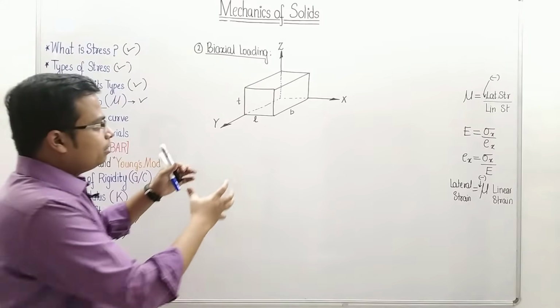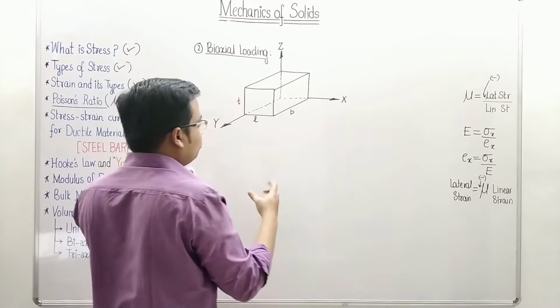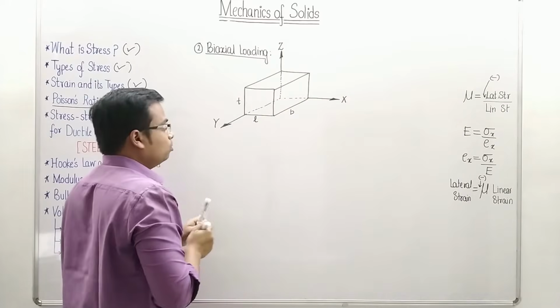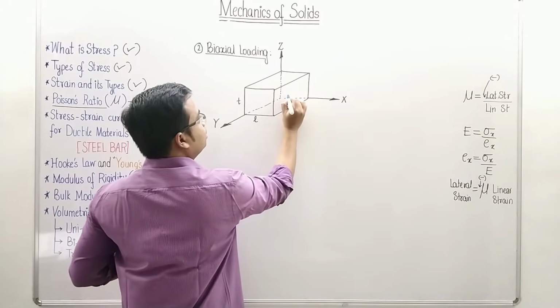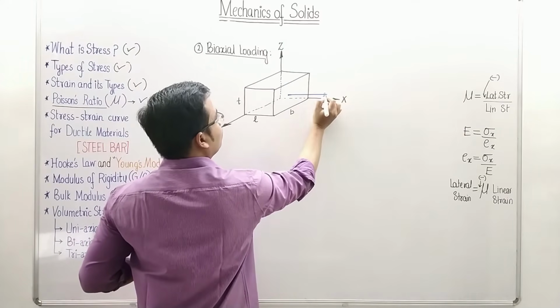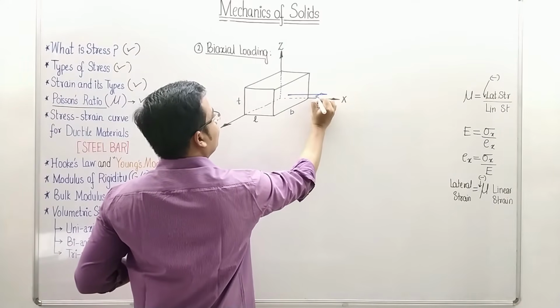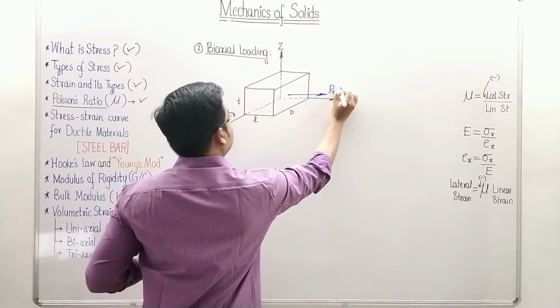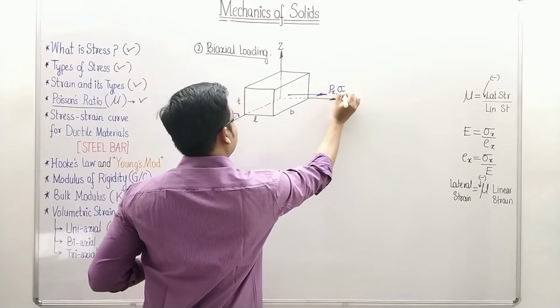Anyway, there are going to be axial pulls from two directions, along x and along y. Let me show you. Along x, it's going to be like this. The load along x is Px and the corresponding stress is sigma x.